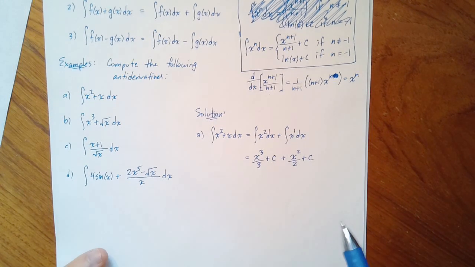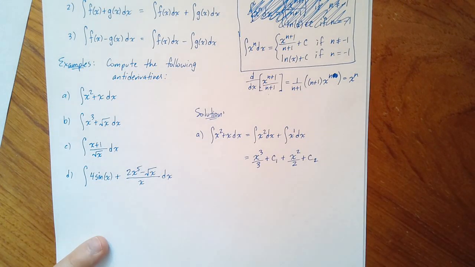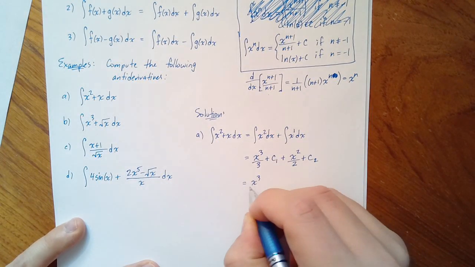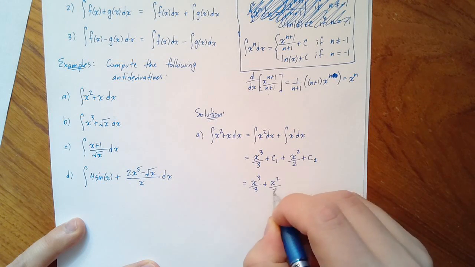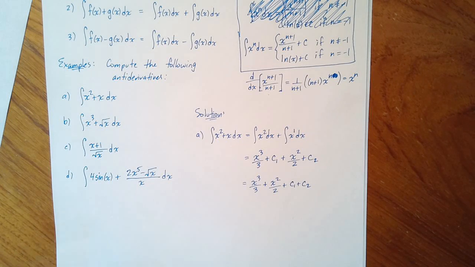In fact, we might want to distinguish between them by writing one as c1 and the other as c2, because they really are 2 different constants of integration that came from different places. So with that in mind, we could index them with 1 and 2, and then we might actually say, we can write this as x cubed over 3 plus x squared over 2 plus c1 plus c2.